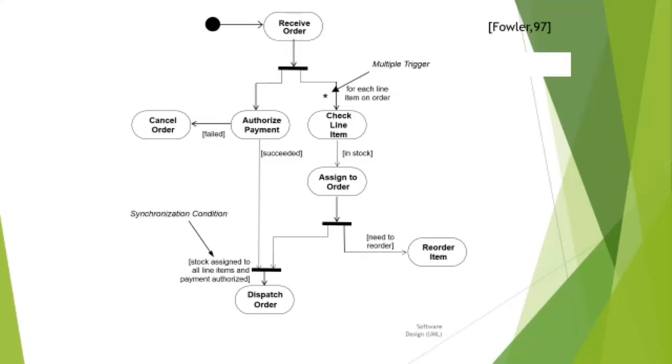Again by the use of a fork, we divide it into 2: dispatch order and reorder item. Here, suppose the operation fails, then we go to cancel order, and if the operation succeeds, we go to the final dispatch order.